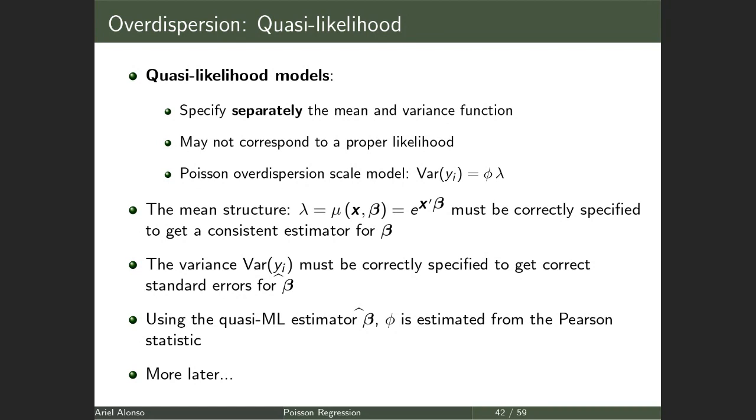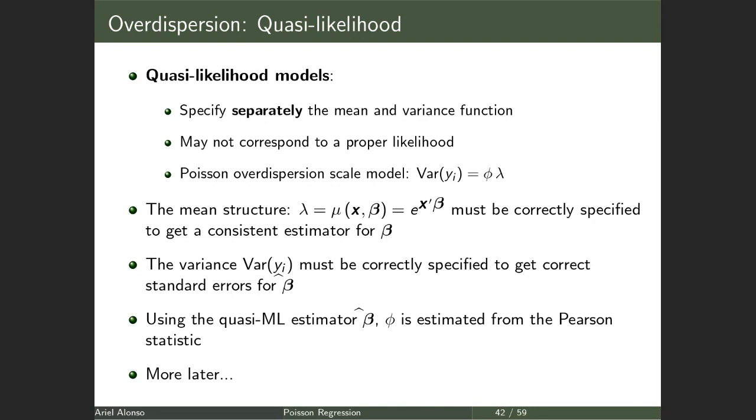If you specify the mean of a binomial distribution, you immediately specify the variance. The mean is n times pi for the binomial data, but then the variance is n times pi times 1 minus pi. So once you have the mean, you have the variance. That comes from the distribution itself. Like in Poisson, you have the mean, then you have the variance. They are the same. That's what the Poisson distribution implies.